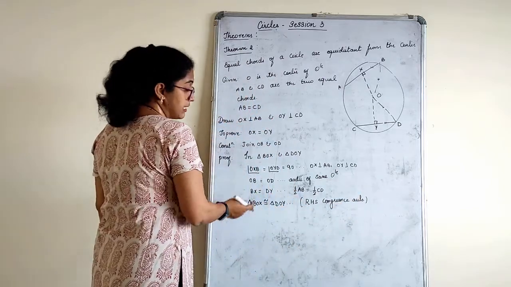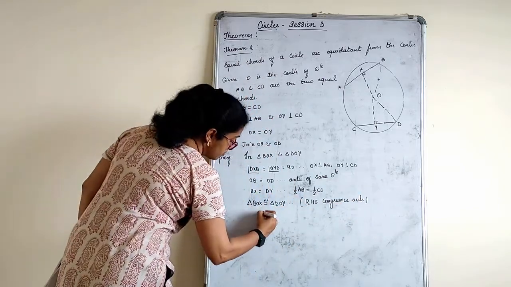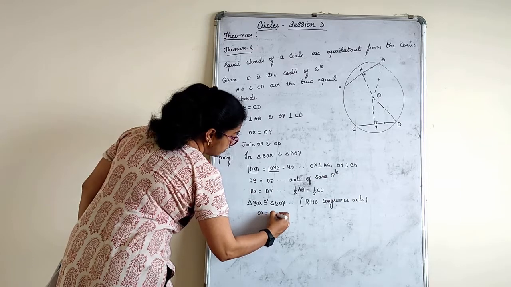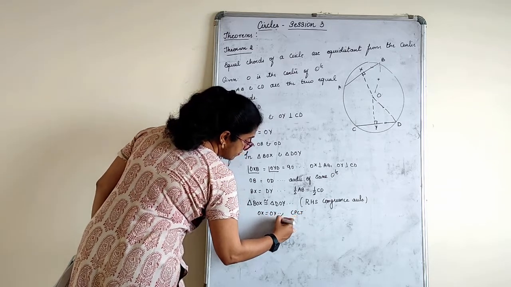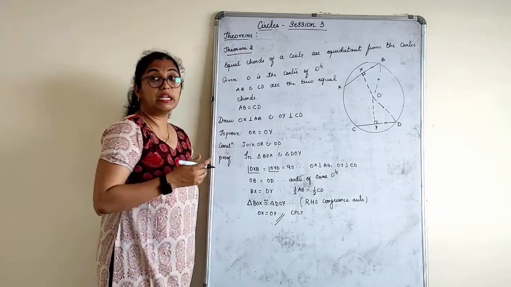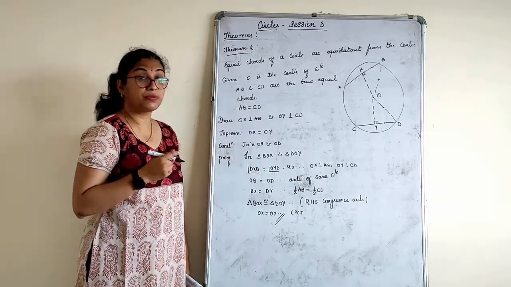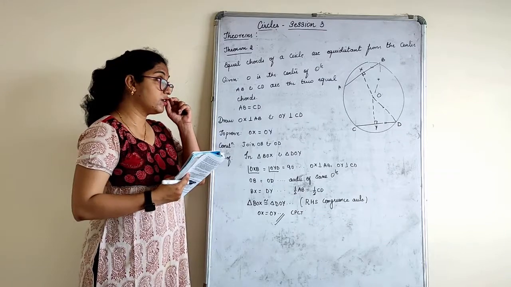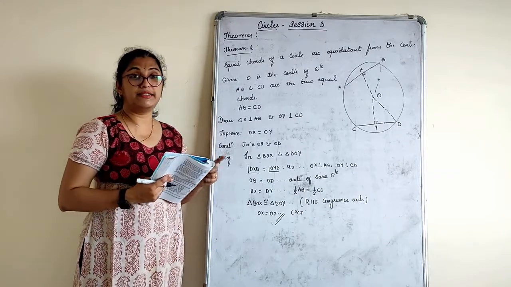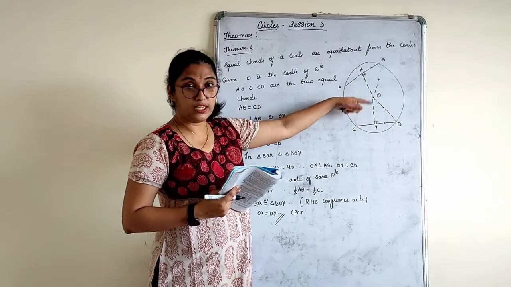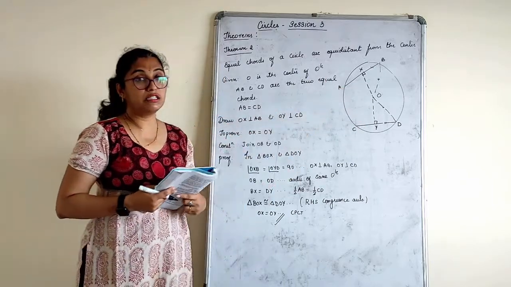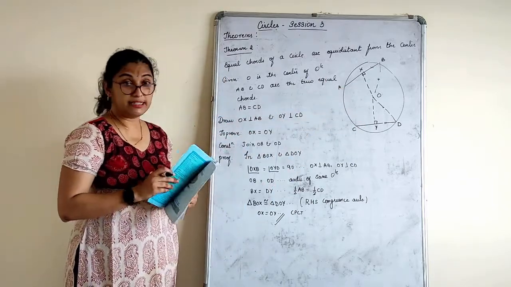Okay, so from this can I tell now OX is equal to OY by CPCT. Equal chords are equidistant from center. The converse tells that the chords which are equidistant from center are equal. If I tell that OX and this are equidistant from center, then the chords are equal, right? That's the converse.